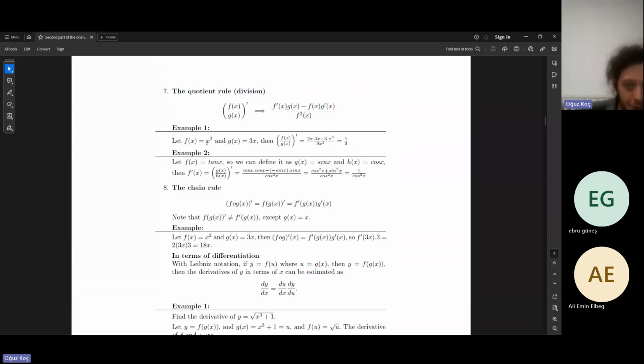And then we have some examples. In this example, the first function is here, the second power of x, and we have another function here, 3 times x.